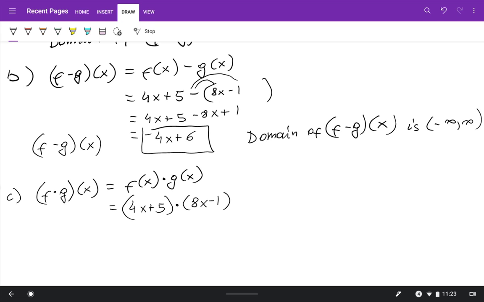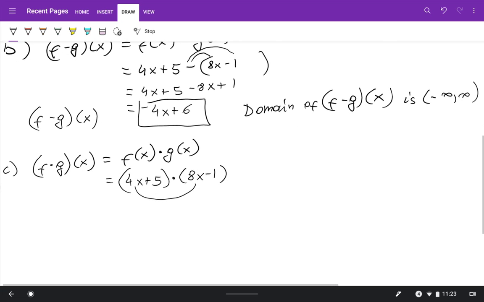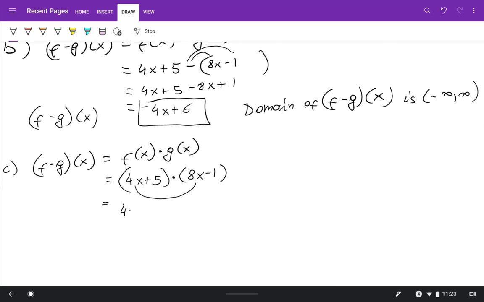And don't forget that here you will need to FOIL. So 4x times 8x plus 4x times negative 1 plus 5 times 8x plus 5 times negative 1. Okay, so when you FOIL, just simplify.